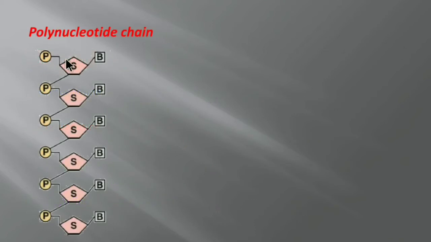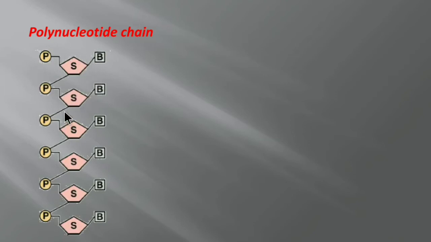For example, this is a nucleoside, pentose sugar and nitrogen base, and this nucleoside is linked to the phosphate group through phosphoester linkage, and this is another nucleotide. In between this nucleotide and this nucleotide, a bond formation takes place between 3',5' hydroxylic group of nucleoside through phosphodiester or phosphoester linkage that results in formation of dinucleotide.